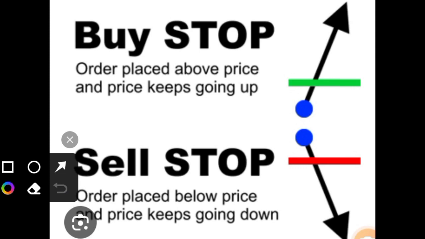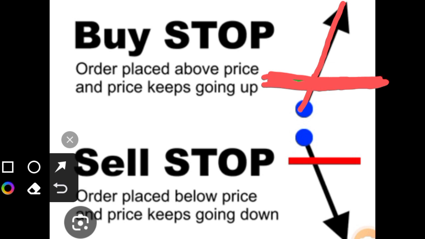So now let's say your prediction was that when price gets to this level, to this zone, the price is still going to keep on going up, and then you place a buy stop, and when price got there and kept on going up, you're going to make profit. If this happens and you set a buy stop right here, you're going to be in profit, right?